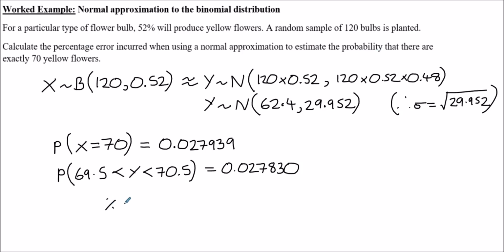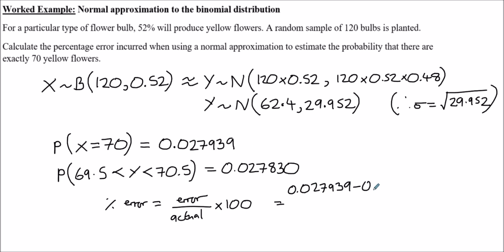So the percentage error is going to be the error divided by the actual, multiplied by 100. So the actual error is going to be the difference between the real and the approximate, 0.027939 minus 0.027830.